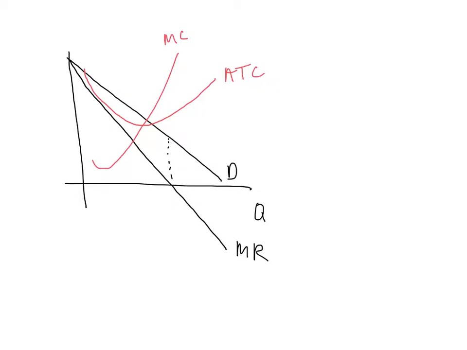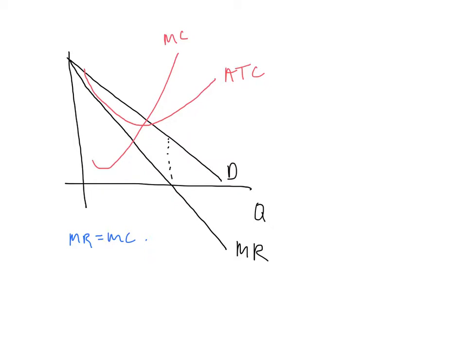So the question now is, how much output is this firm going to produce? And the answer is, it's going to produce where MR equals MC. The very same argument that we made for why marginal revenue must be equal to marginal cost in competition in order to maximize profits holds for the monopoly also. If marginal revenue were bigger, there'd be an opportunity to expand profits by producing more.